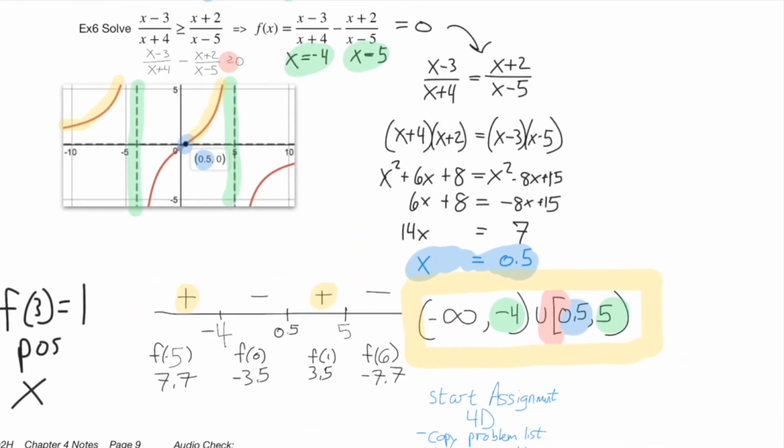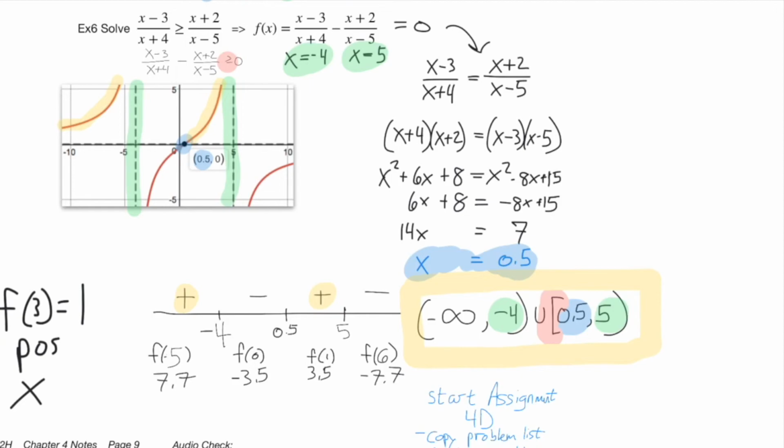We cannot include where the denominator was equal to 0. So I know we have 3 critical points, but the one critical point that we can include is where the function is equal to 0. It was an x-intercept. The other parts, -4 and +5, we cannot, because they are not values that we can have in the function.